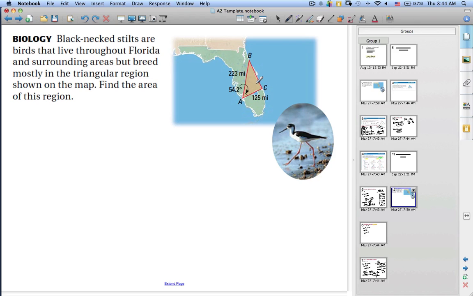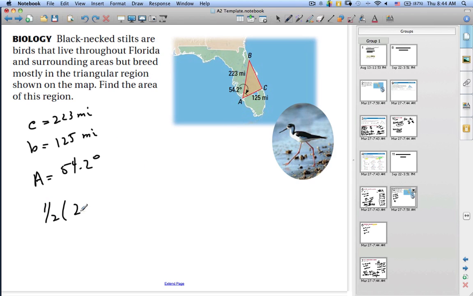So I know that side C is equal to 223 miles, side B is equal to 125 miles, and angle A is equal to 54.2 degrees. This is great. That's going to allow me to just pop right into my formula. It's going to be 1/2 times 223 times 125 times the sine of 54.2 degrees.